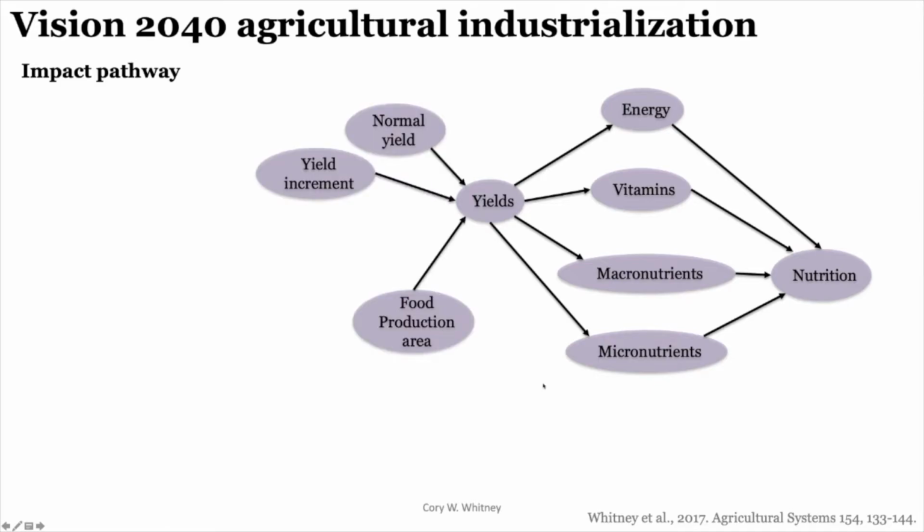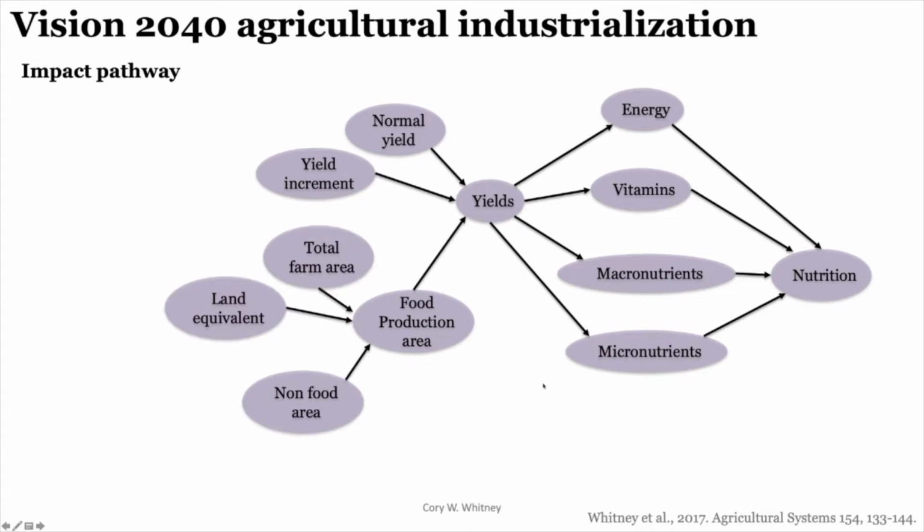Those yields will be comprised of a normal yield with a yield increment, that is any increased yield through application of chemical fertilizers, etc., under the industrial system, and the food production area over the total farm area, any land equivalent, that is any additional productive area that may be achieved through something like agroforestry, and any non-food area, that is areas kept for houses, roads, and also for non-food production, like export-oriented coffee, etc.